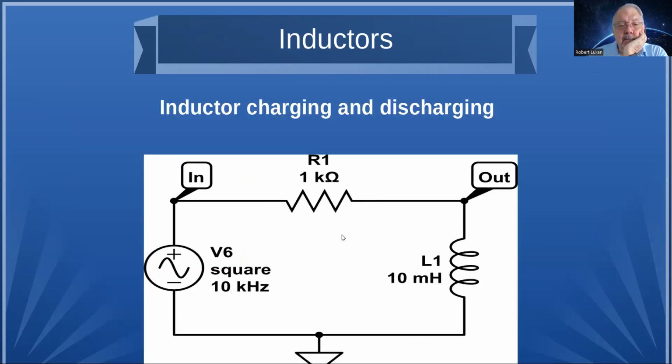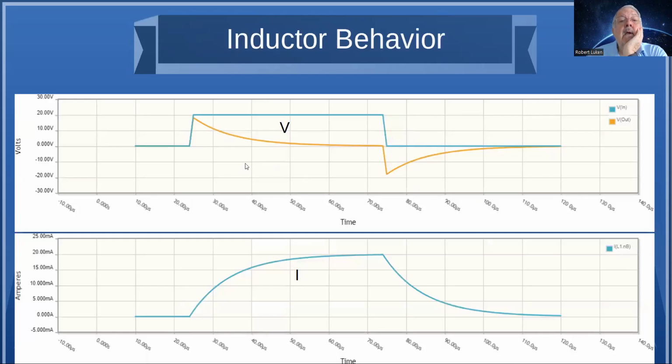Okay, I did a similar circuit with a limiting resistor and a 10 millihenry inductor. And you can see that the applied voltage and the voltage across the inductor are almost the same at the beginning.